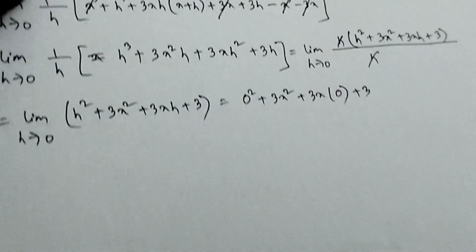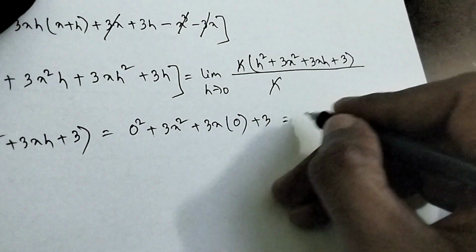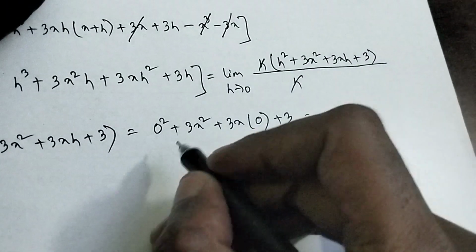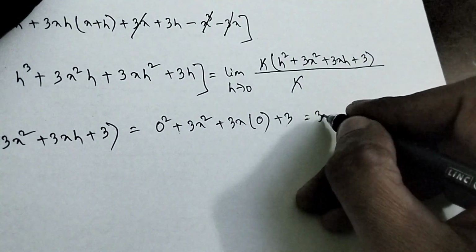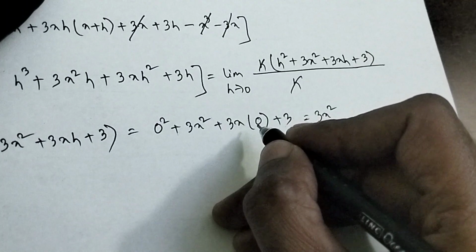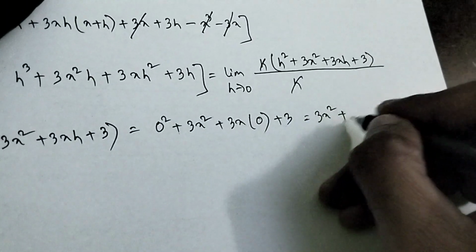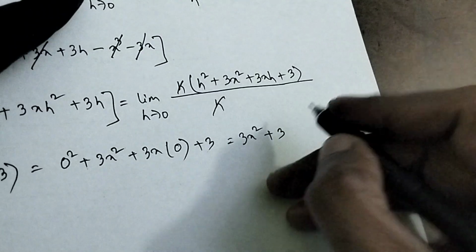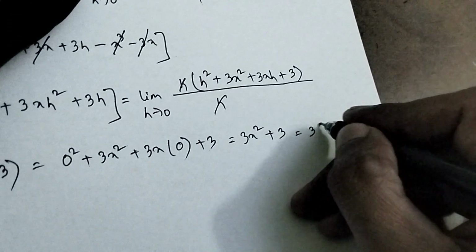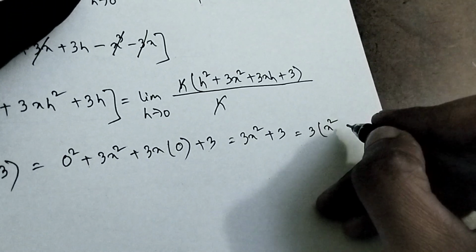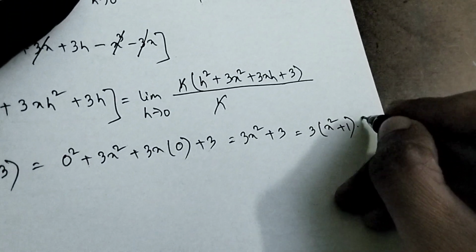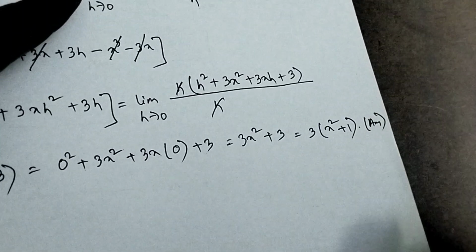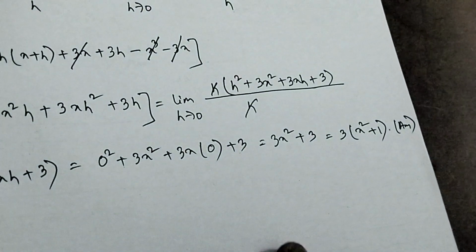Clear? So 0 square is 0, 3x into 0 is 0, so it will be 3 into x square plus 1, and this is the answer. Clear? Thanks for watching.